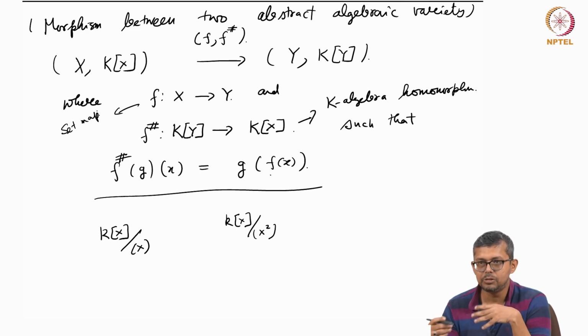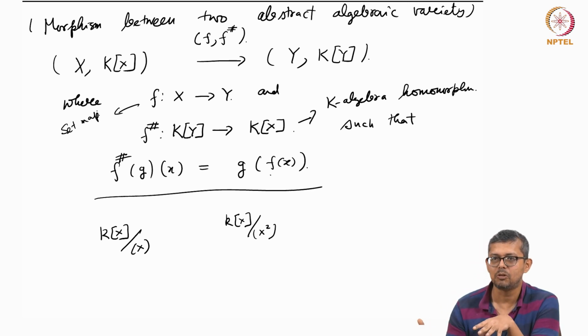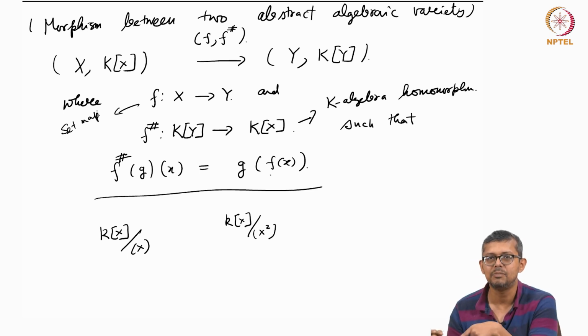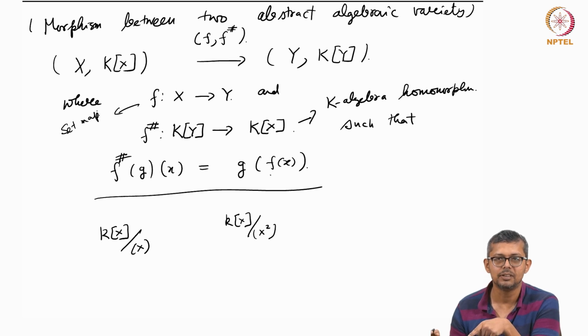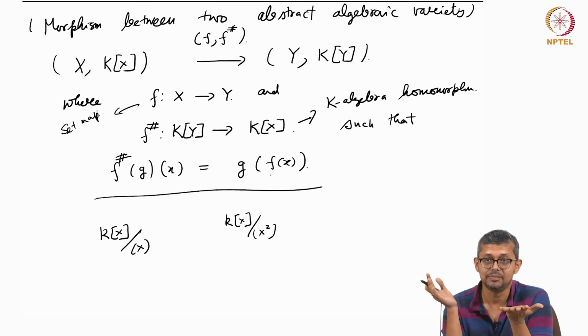Right. Now you see that I am very close to the coordinate free approach. Now I say it is an isomorphism if there is a bijection between x and y, and if this ky to kx is an isomorphism which satisfies this. That is my isomorphism of abstract algebraic varieties. Now it is embedding free.